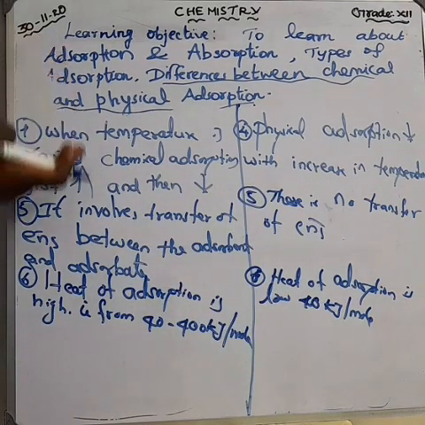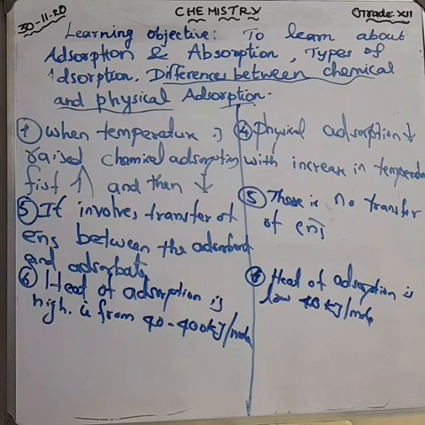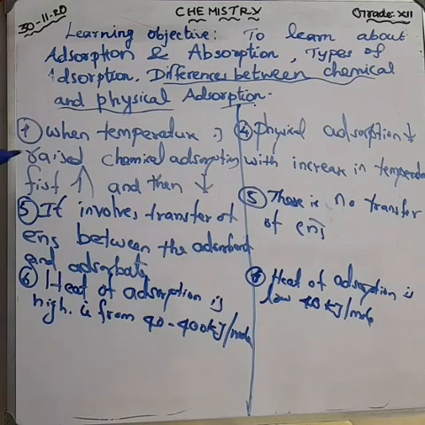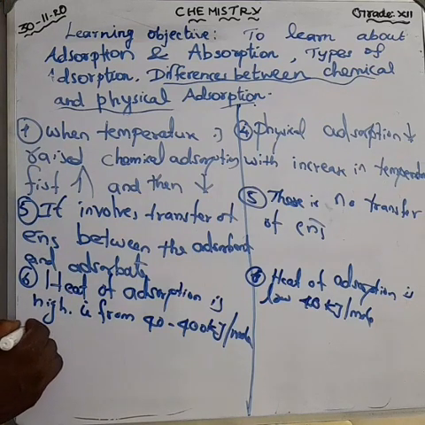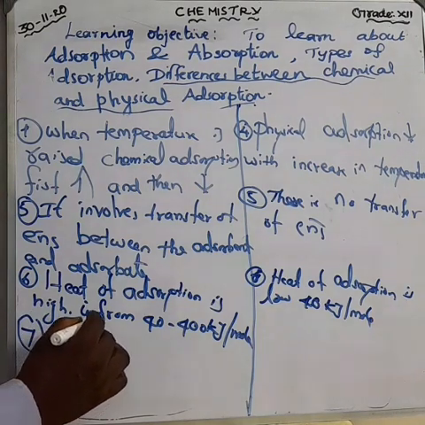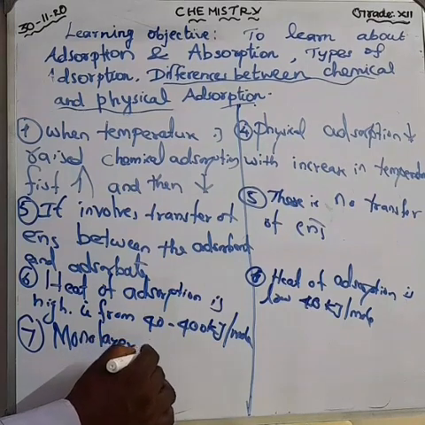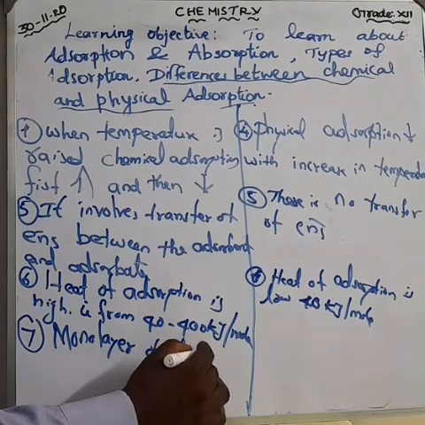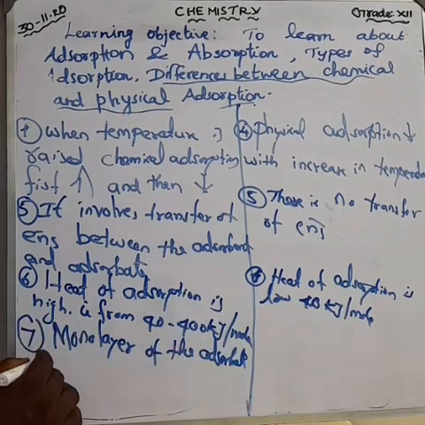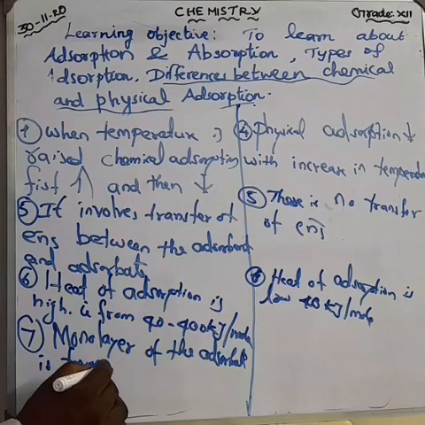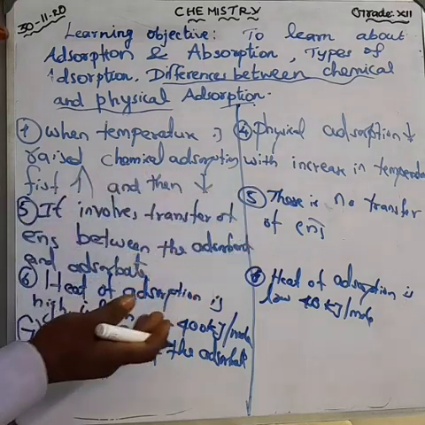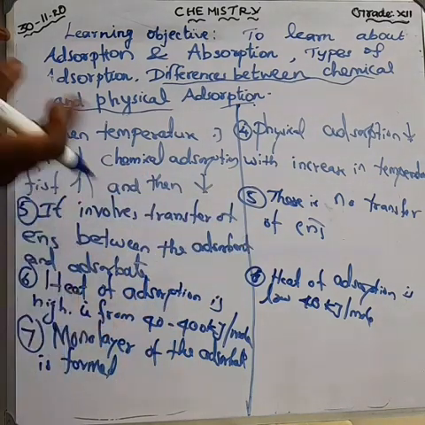In chemical adsorption, there is only one layer. We can say monolayer. A monolayer of adsorbate is formed. This is the seventh point. In physical adsorption, the layer is not only one layer, it is multilayer.